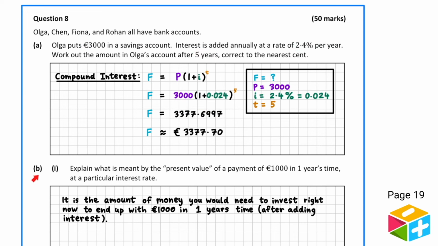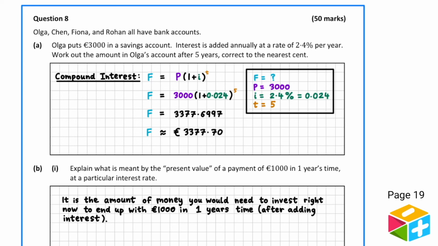In the next part of the question, we must explain what is meant by the present value of a payment of €1,000 in 1 year's time at a particular interest rate. Well, in general, a present value represents the amount of money you would need to invest right now in the present moment to obtain the specified value in the future.